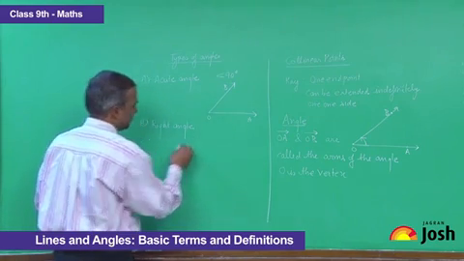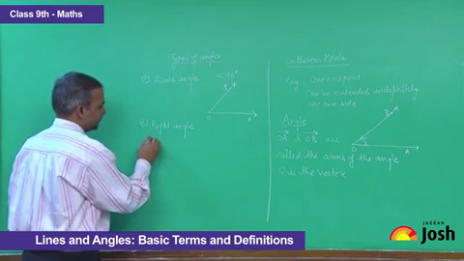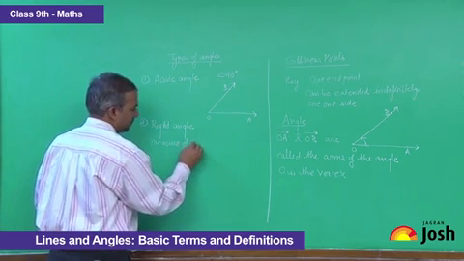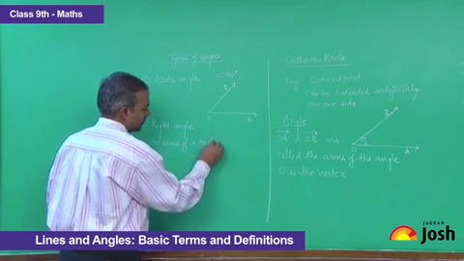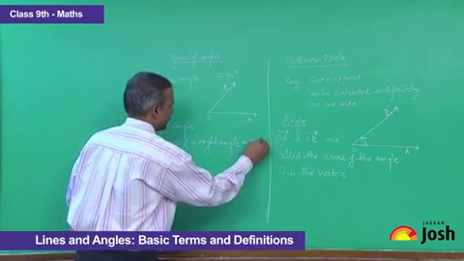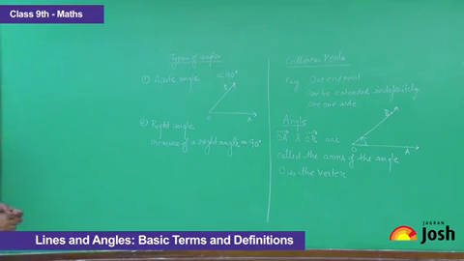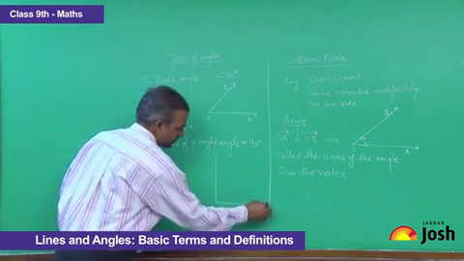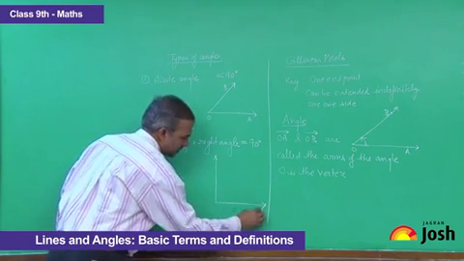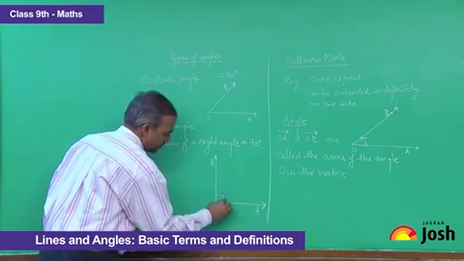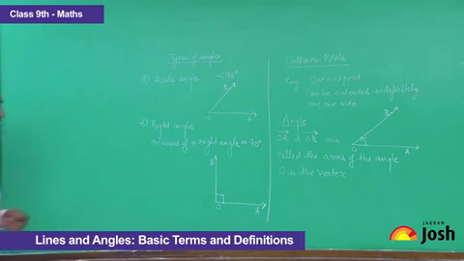If the measure of an angle is equal to 90 degree, then the angle is called a right angle. In this case, angle AOB is a right angle. A right angle is also represented by this symbol. So, this is a right angle.